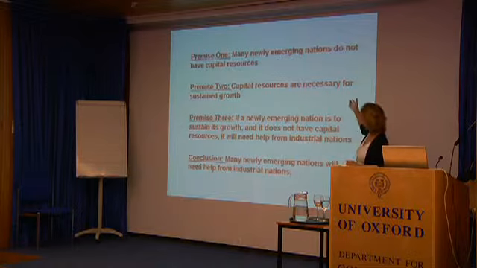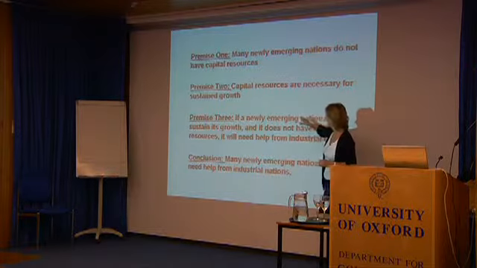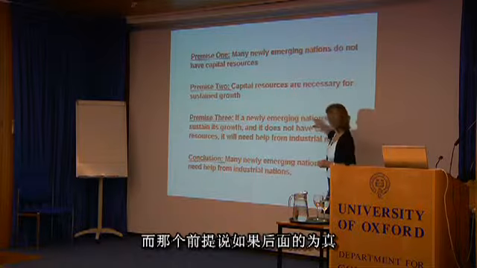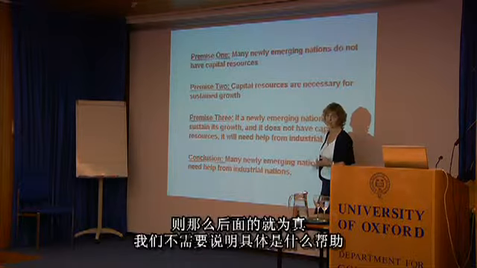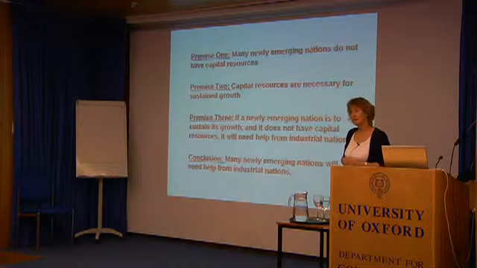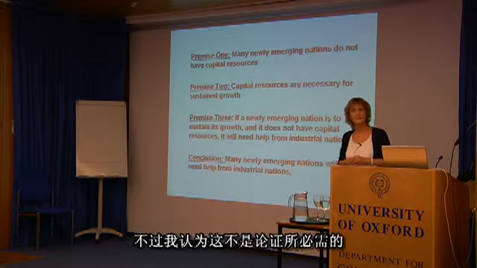We're just saying, okay, you've got if that, then that, and that's saying the if is true, if you like. So then that. We don't actually need to spell out what the that is. I can see why you want that, but I would say it's not necessary for the argument.